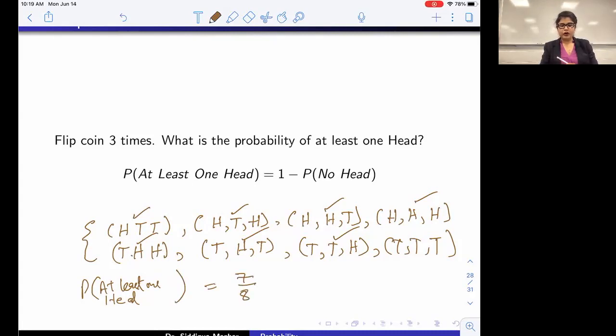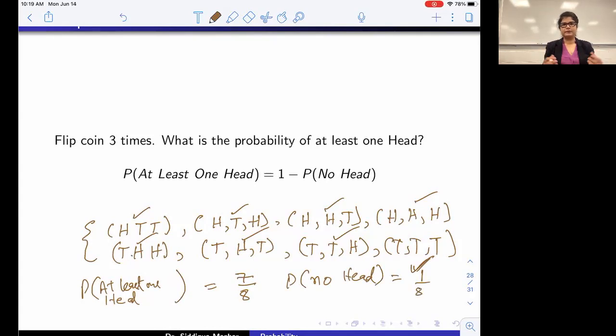Why not look for the probability of finding no head? No head means all have to be tail, so there is only one option with no head in the overall sample space. So the probability of no head is 1 by 8.